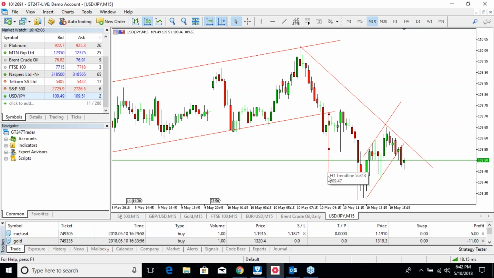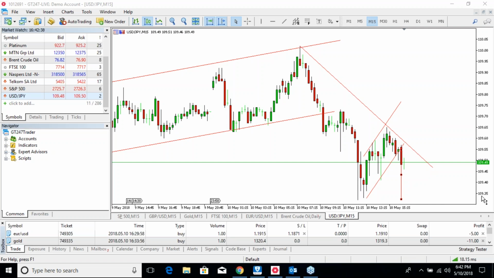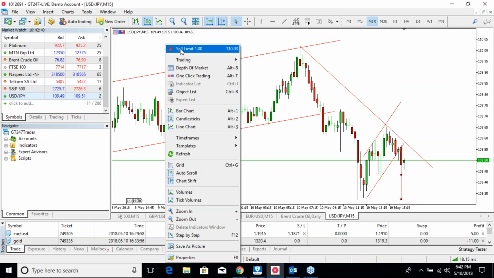And on a shorter time frame, look at that marvel. Look at that. See, I think you're onto something. Okay, so by the looks of things, it seems like it's going to continue going down to around about 109.35. So here again, let's short this.